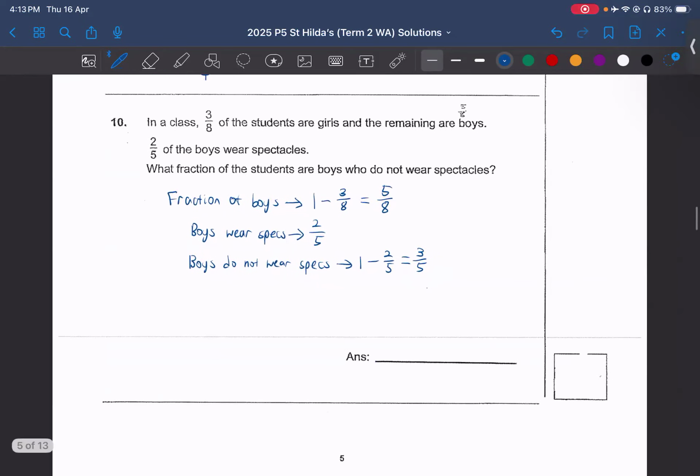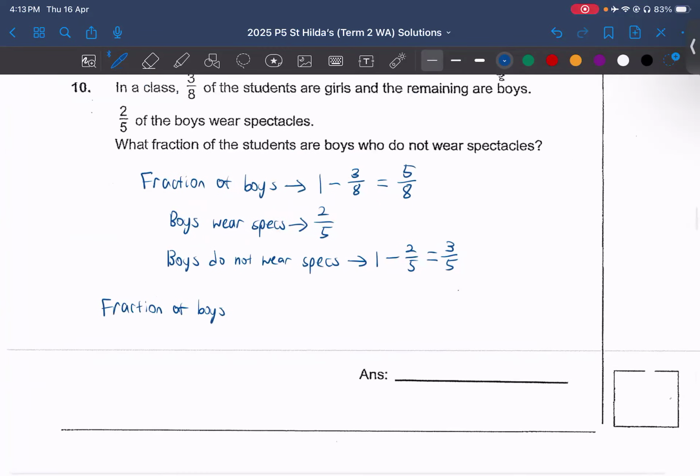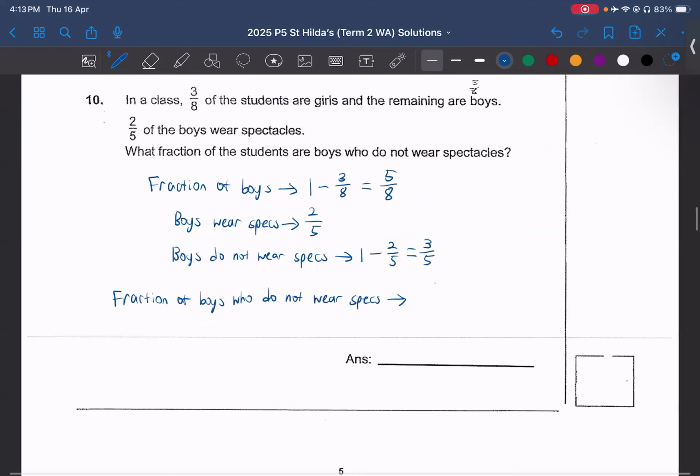So in this case, we want to find the fraction of students who are boys who do not wear specs. So we take our fraction of boys, which is 5/8, multiplied by the boys that do not wear specs, which is 3/5.